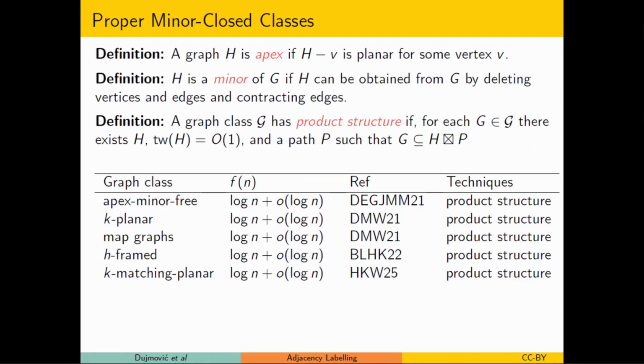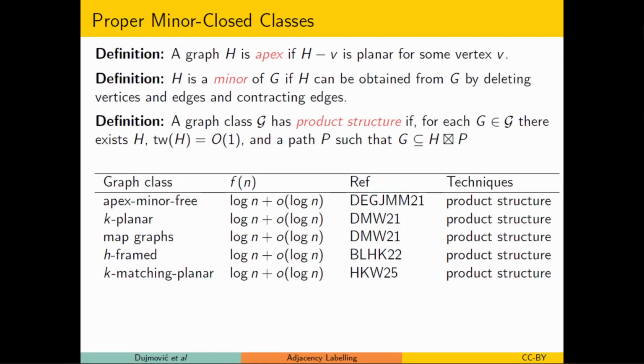All right, so here are some results, but they all come from product structure. So apex minor free graphs were considered in this original paper, and then a recent 2021 paper that did planar graphs.